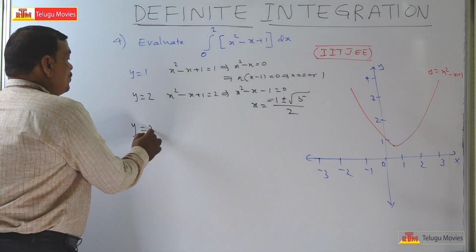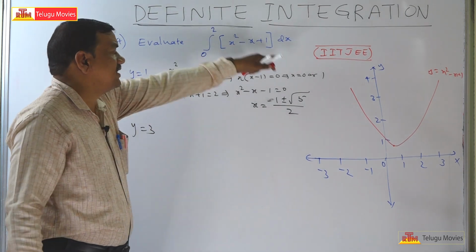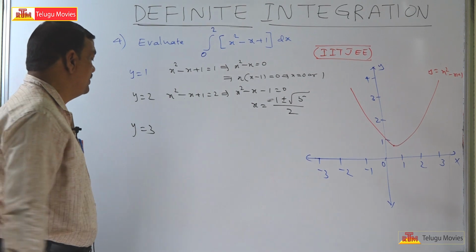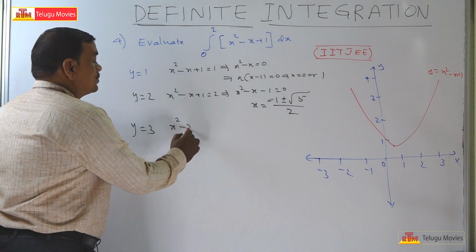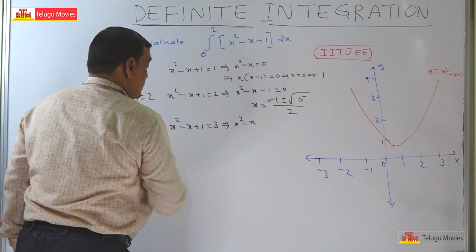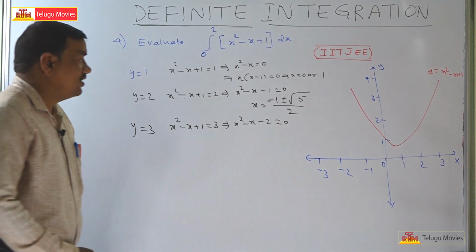Let us check y is equal to 3 also. Actually, 0 to 2 we have to check. 0 means there are no real roots. Let us check for 3 also. If it is 3, what happens? x squared minus x plus 1 is equal to 3, that is x squared minus x minus 2 is equal to 0. Now what are the roots?